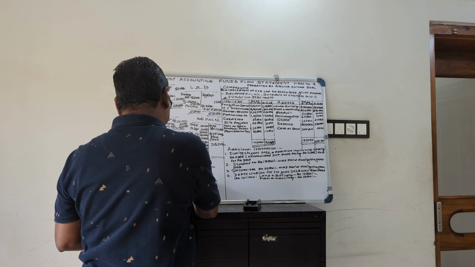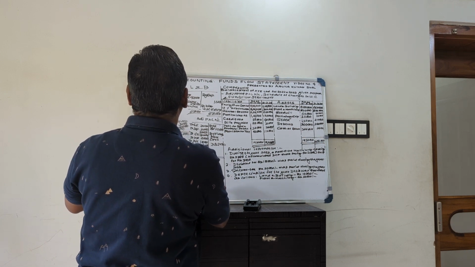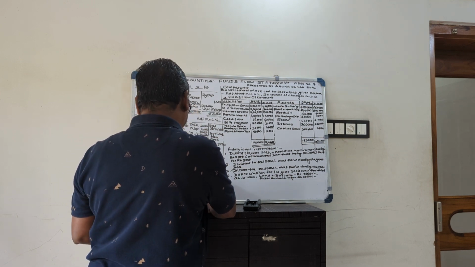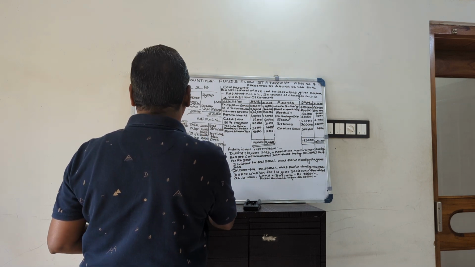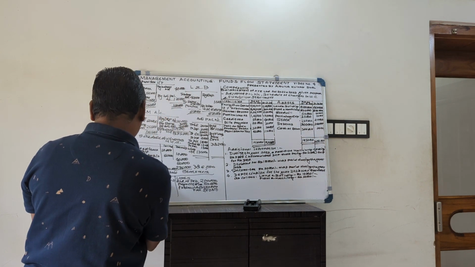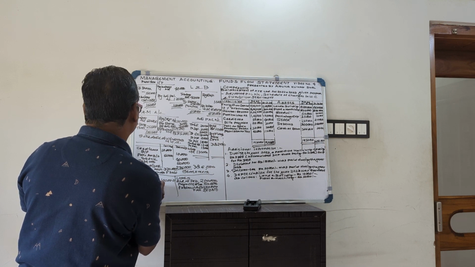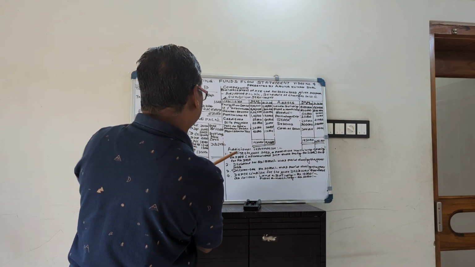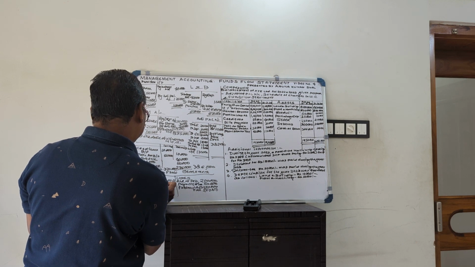Then plant and machinery is 2,55,000. Then sale of plant, 3,000, that is a source. Sale of machinery, the amount is 3,000.